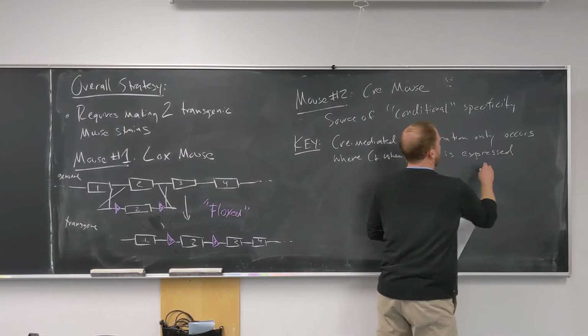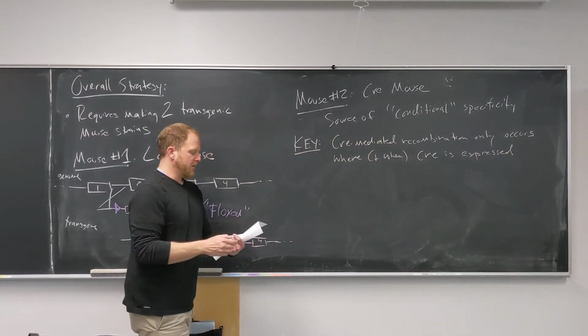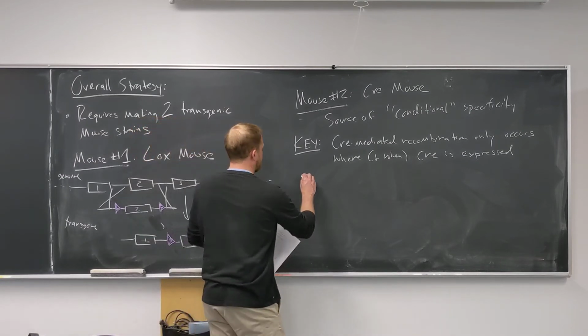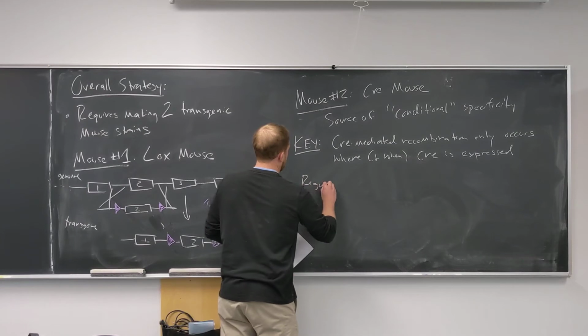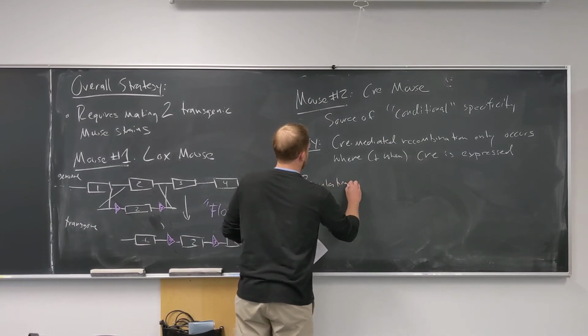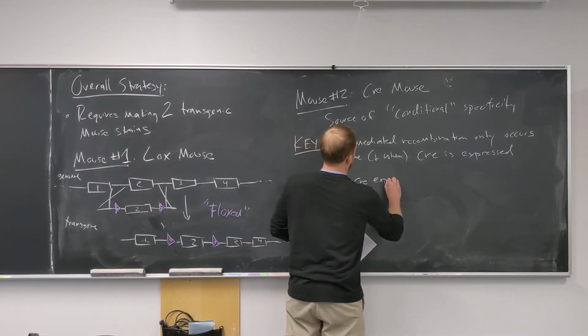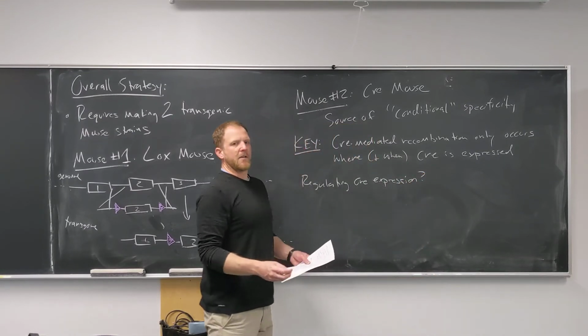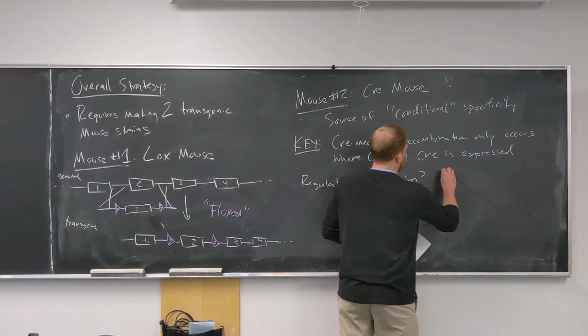Okay? And we have some control over that. Okay? So how do we control where Cre is expressed? Okay? We've seen some similar ideas to this. We can do this by honing in on promoters.